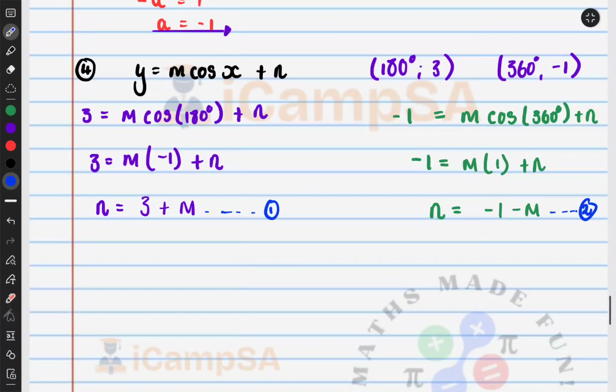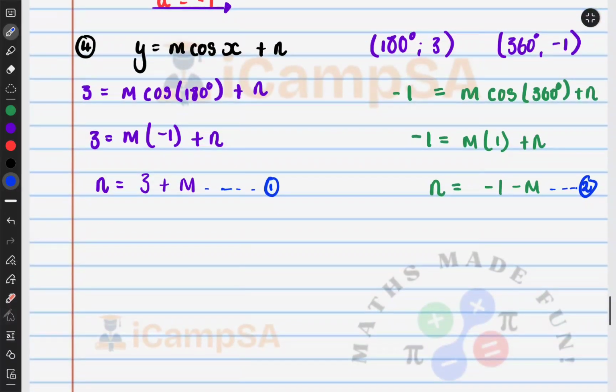Once we are here, we have n being the subject in both of the equations. We can equate the equations from here and solve for m. So we can say 3 plus m is equal to -1 minus m.